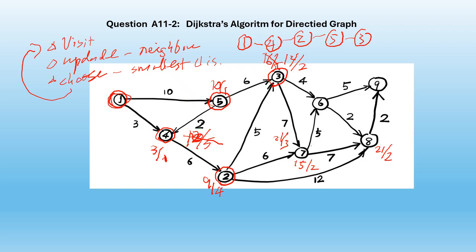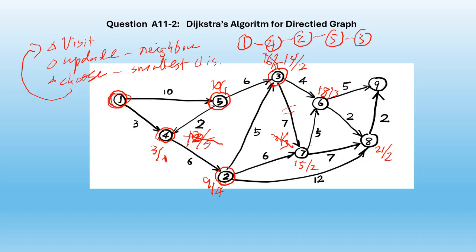Let's compare 21 to 15. Obviously it's discarded, so that one is not chosen. And then update: 14 plus 2, you get 18. It by default is supposed to be infinity, so this 18 for now is from 3. It has 2 neighbors from 3. So 15 stays, and then 18, so update.